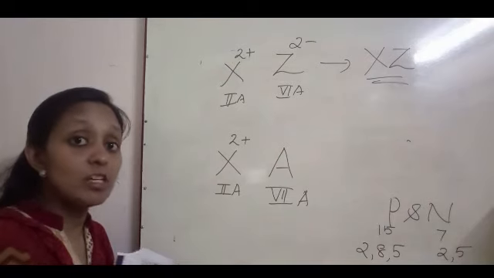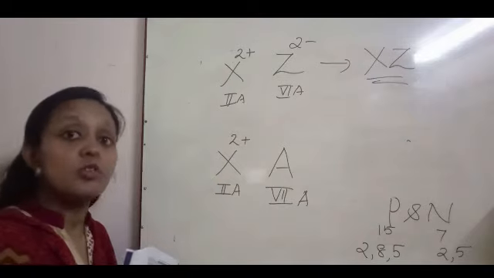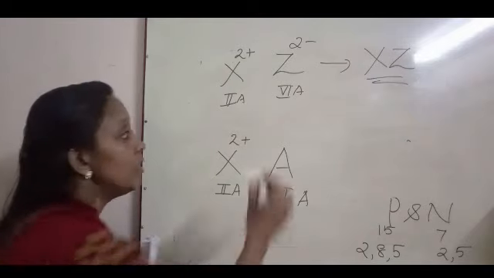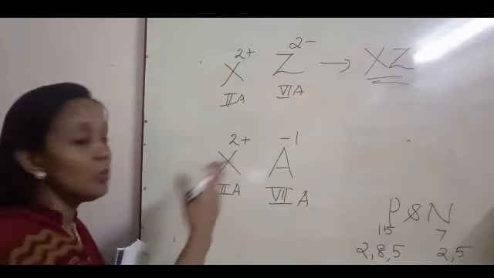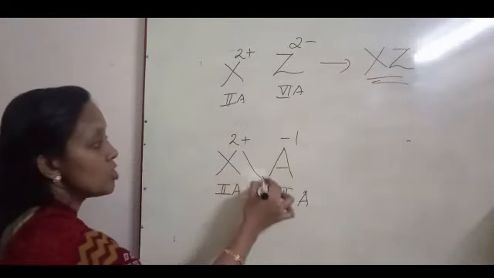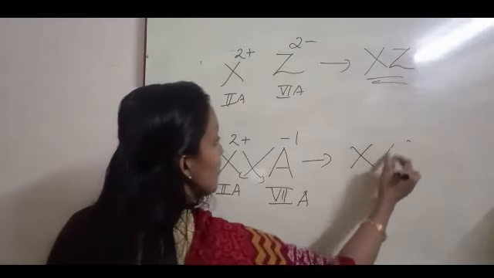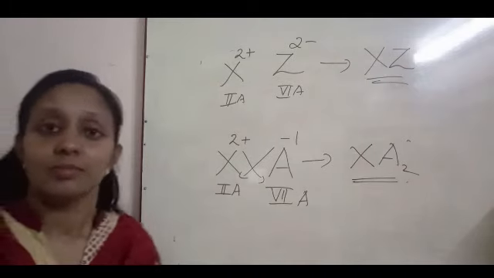There will be 7 electrons in its outermost shell. It will accept 1 electron to attain the stable configuration. If it accepts 1 electron, its valency will be minus 1. Now the valencies are ready. So how do we write the formula of the compound? After exchange of valency, we get the formula as XA2. XA2. Have you followed, children?